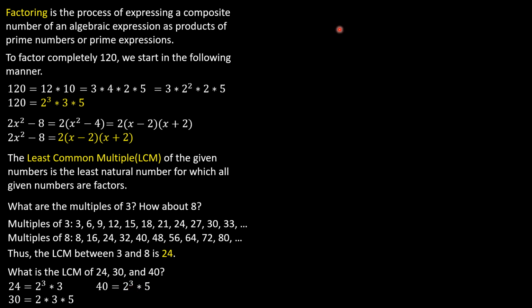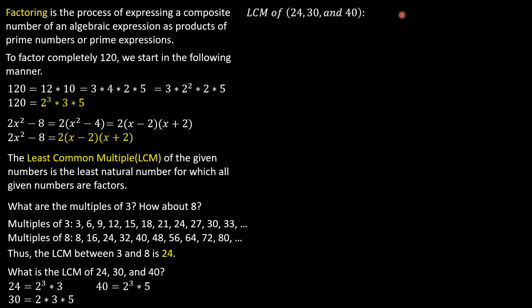The LCM therefore is the product of the different prime numbers with the highest exponent or the highest power. So there are three different factors, namely 2, 3, and 5. For 2, the highest is 2 cubed. For 3, it's 3.